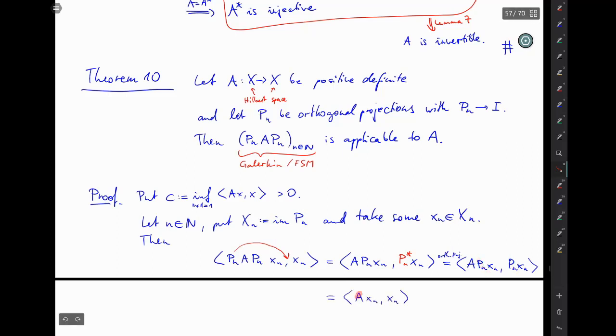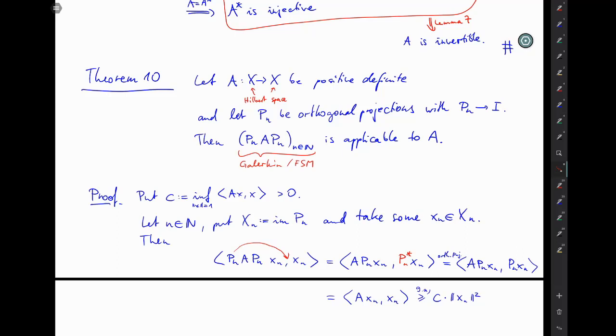Okay, and now we can use positive definiteness of A. Okay, and if you read the whole line, then this already says that Pn A Pn is positive definite, and you can use the same constant little c here. And then just like in lemma 9b, we could conclude that this is an invertible operator on its little subspace.